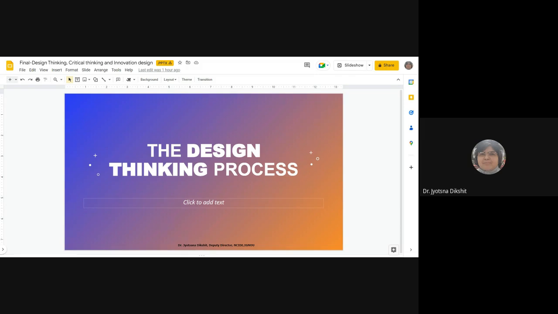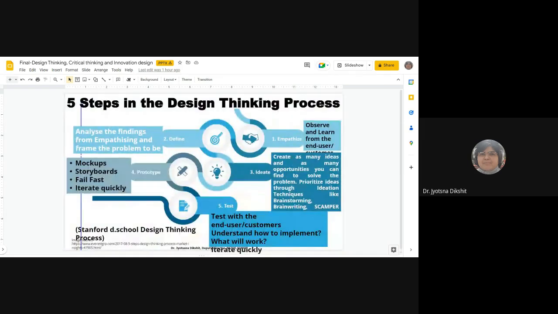So through this example, I tried to take you through the design thinking process, which has 5 stages. First stage is empathize, in which we observe and learn from the end users, our customers. In this case, it was the elderly citizens. And here, in fact, the service provider was also our end user.